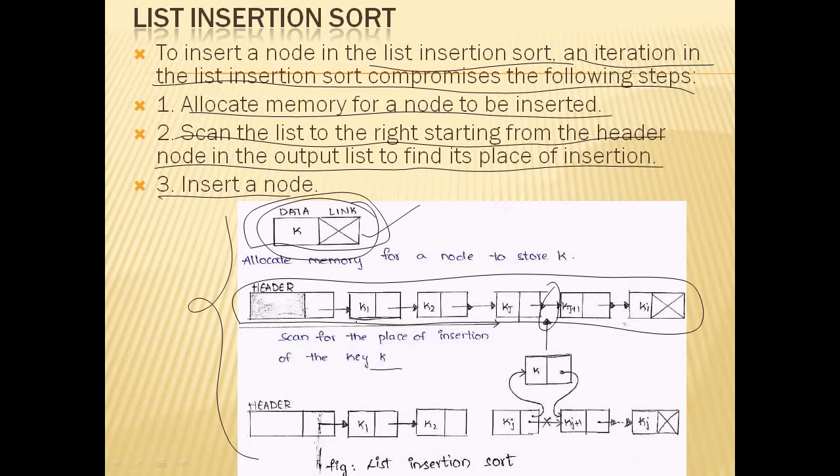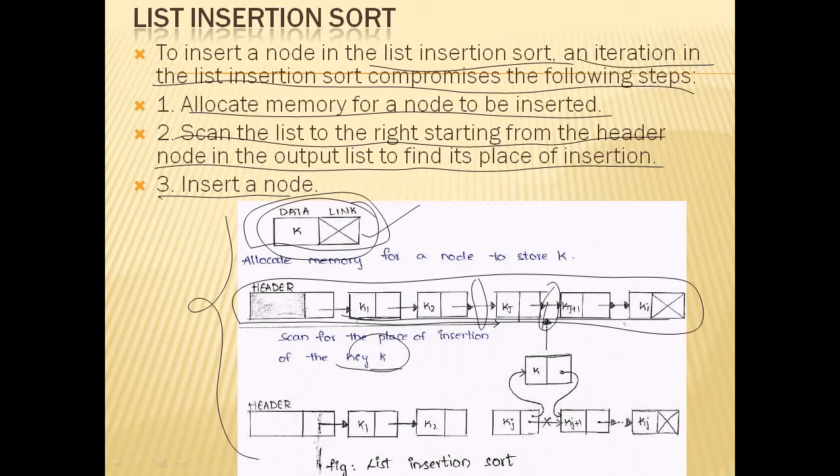We just need to scan for where we are supposed to add the element. For example, if it is k3, we insert here; if it is k4, then after that, and so on. So I identified the place to insert the node containing key k.